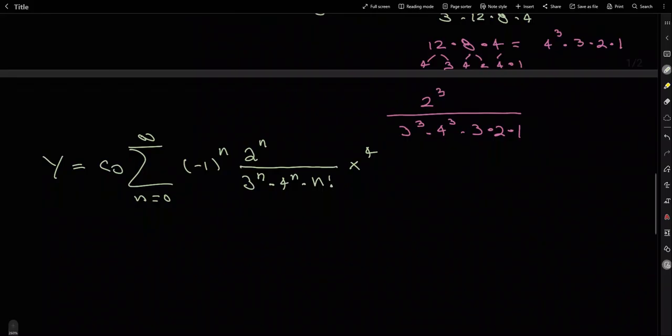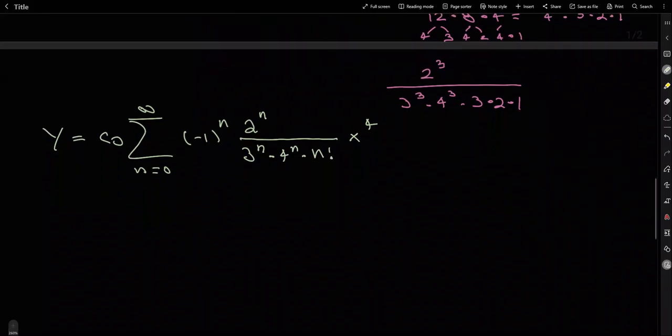Now, our job is to write this in terms of an elementary function. And this is quite possible because we can call for the exponential function because of the n factorial. Oh, forgot the n here. So we can write everything else as a power n, the 2, the 3, the 4, and the x to the 4. We can write it as a single base and everything raised to the n power.